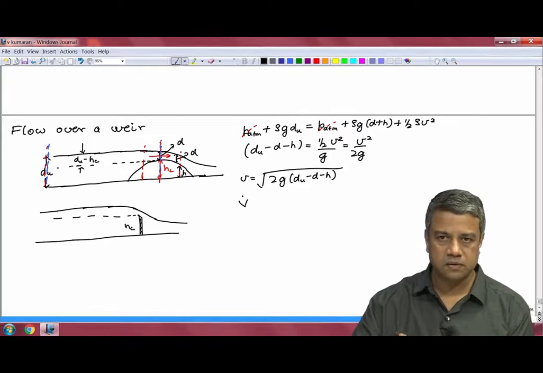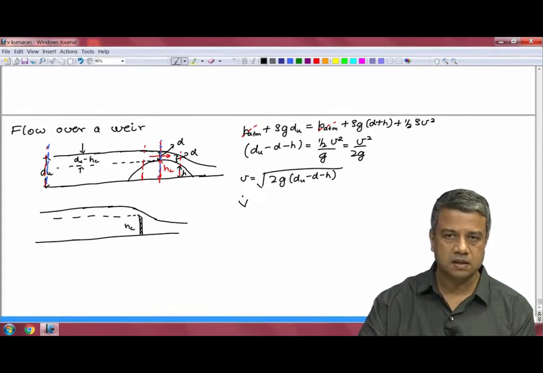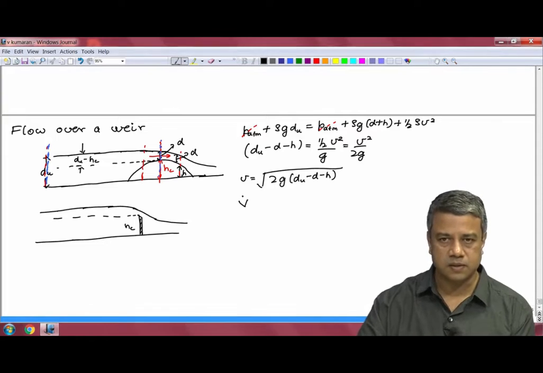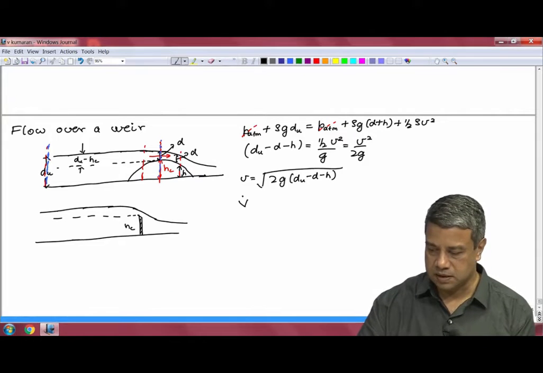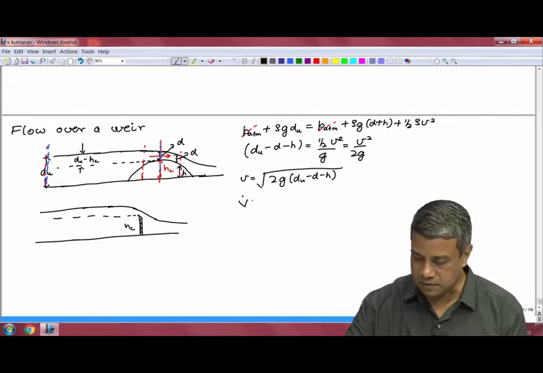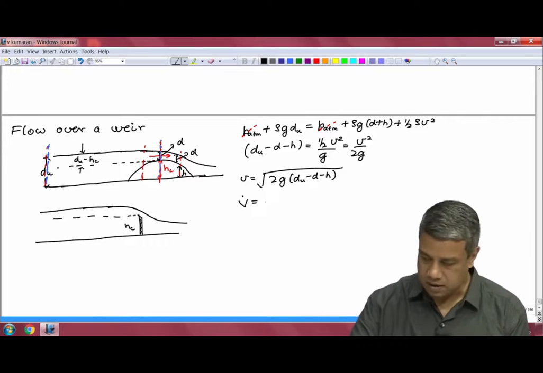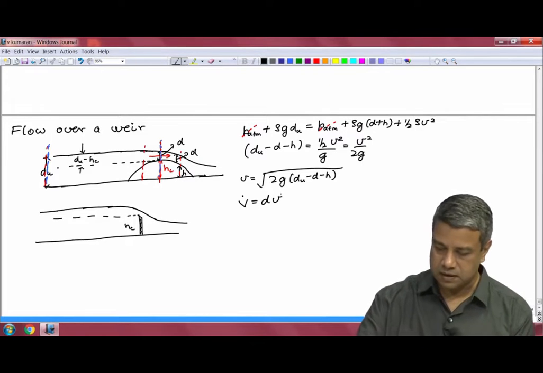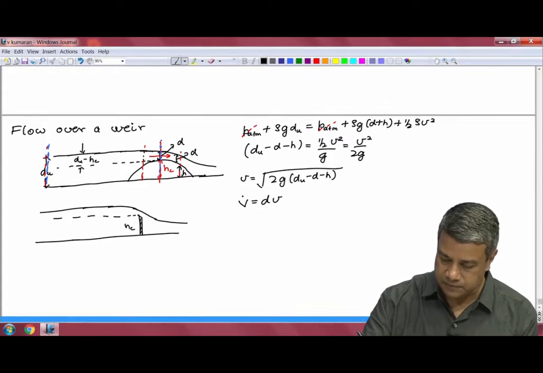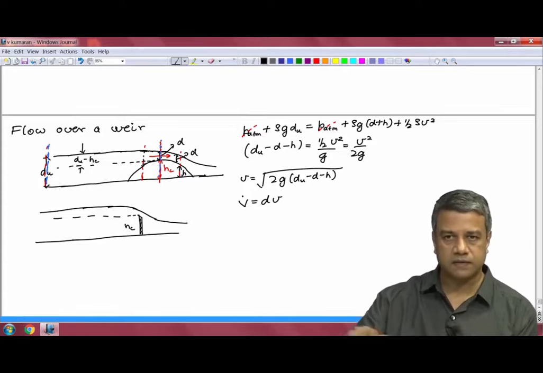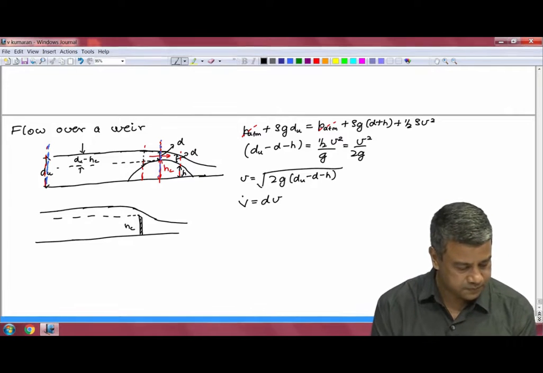I assume that there is a channel whose width is larger than the height, as you would see in most terrestrial situations. This volumetric flow rate is equal to the depth times the velocity. So, it is the product of the local depth d and the local velocity with which it is flowing.